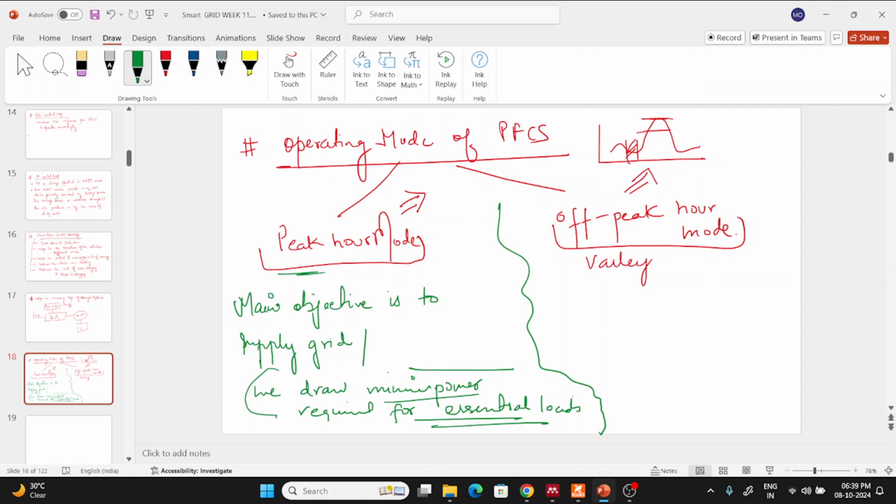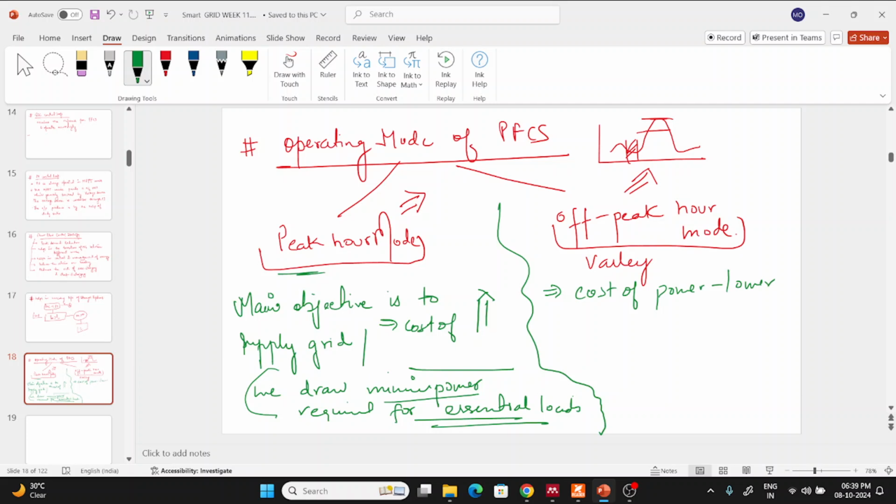But in the peak hour, the cost of this energy is very high because it is at the peak hour. Okay. But in the off peak hour, the cost of energy, or we can say cost of power, is lower.